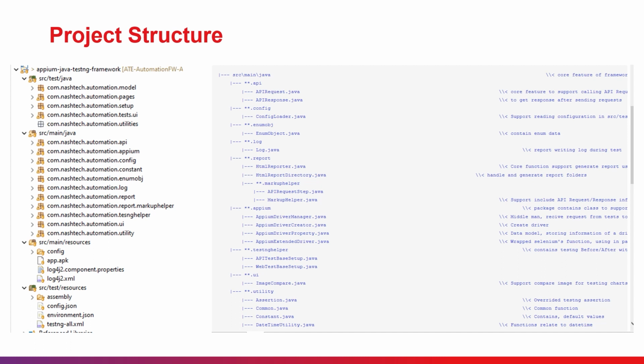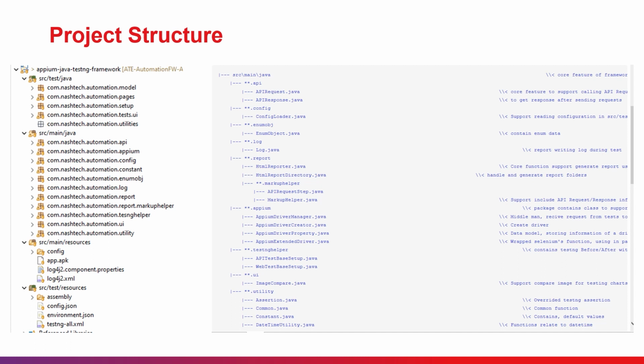We define dependency packages in pom.xml, from Maven Dependency Management. The main Java folder contains the core functions of this project. In this folder, we implement the functions related to initializing the Appium driver, wrapping functions related to Appium, or integrating with Extent Report and OkHttp3.